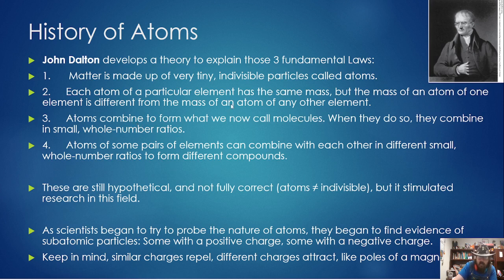Atoms will combine to form what we call molecules, and they will combine in simple, small, whole number ratios. And atoms of some pair of elements can combine with each other in different small whole number ratios to form different compounds. So we can essentially rearrange atoms, and they will not be divided. We're just exchanging atoms, and the masses essentially stay the same.